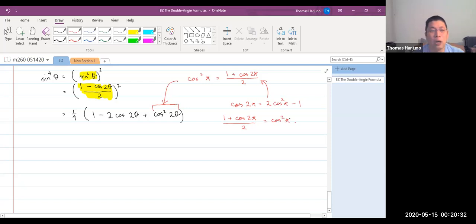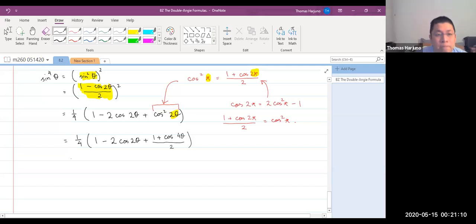So that's the formula I will use, except that instead of blah, I will use 2 theta, so 1 plus cosine 4 theta over 2.